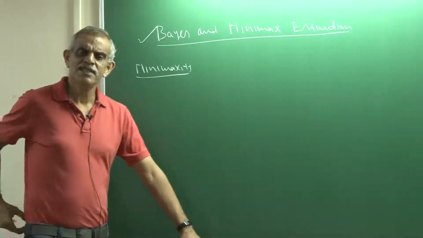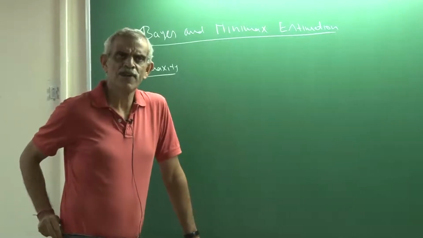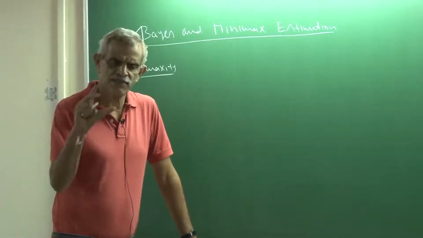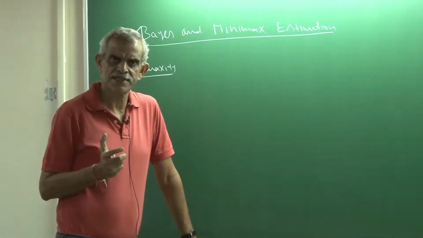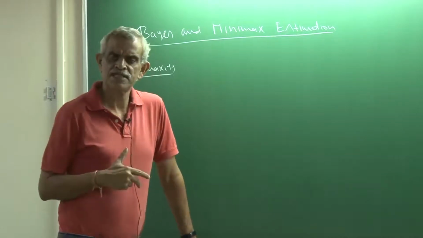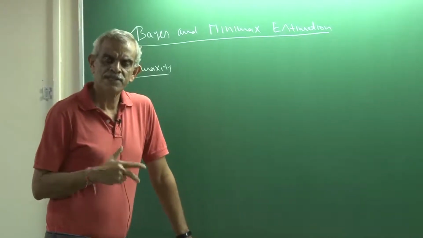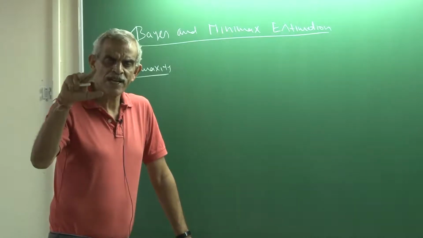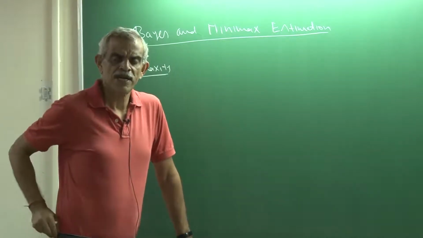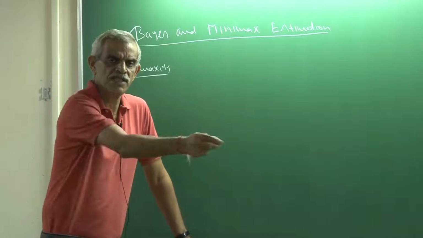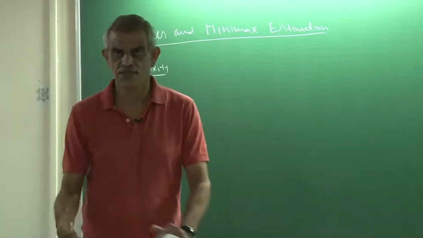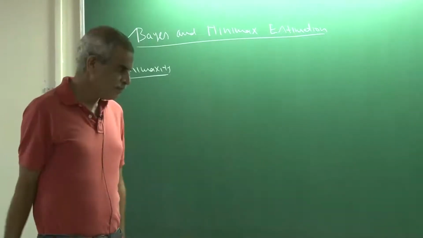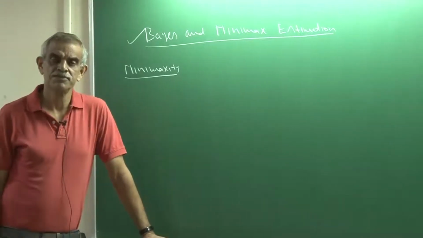Then we said that if you have to find a minimax estimator, you try to find a family of priors, find the Bayes estimators corresponding to them, and play around with the parameters involved in the prior distribution so that the risk of the corresponding Bayes estimator becomes a constant for some choice of parameters of the prior distribution.